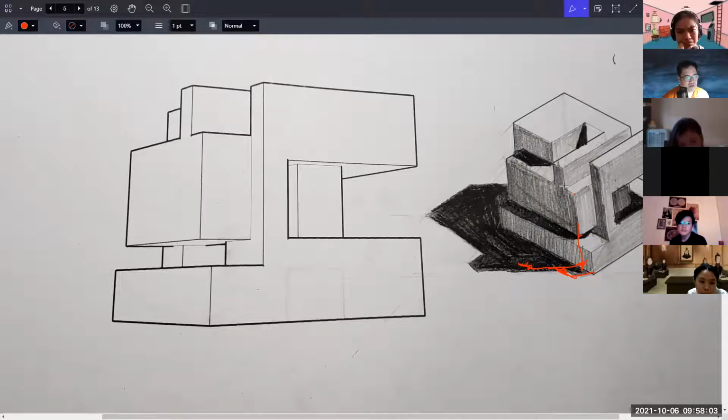Now it goes up again, the same length like this. So nandito yung edge nito. And then that edge is projected down here. And then it goes down like this to here, same length. And then it goes like that. Goes down like this, somewhere here, yung point.